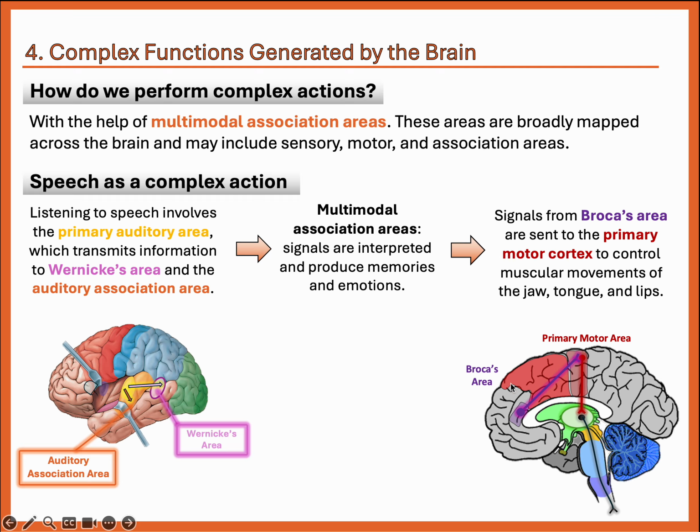So I like to think of the frontal lobe as the motor area of the brain. And when you start down here in the prefrontal cortex, this is a very complicated motor area. This is like the desire and the motivation to do something. Should I get out of bed today to go to school, right? Then you send a signal to an association area, maybe Broca's or this motor association area.